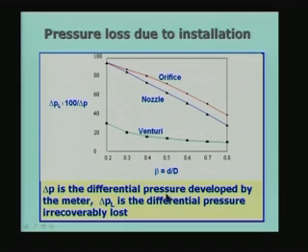Delta P is the differential pressure developed by the meter, this is P1 minus P2, and delta PL is the differential pressure irrecoverably lost. That means this is the upstream pressure minus the exit pressure of the device.